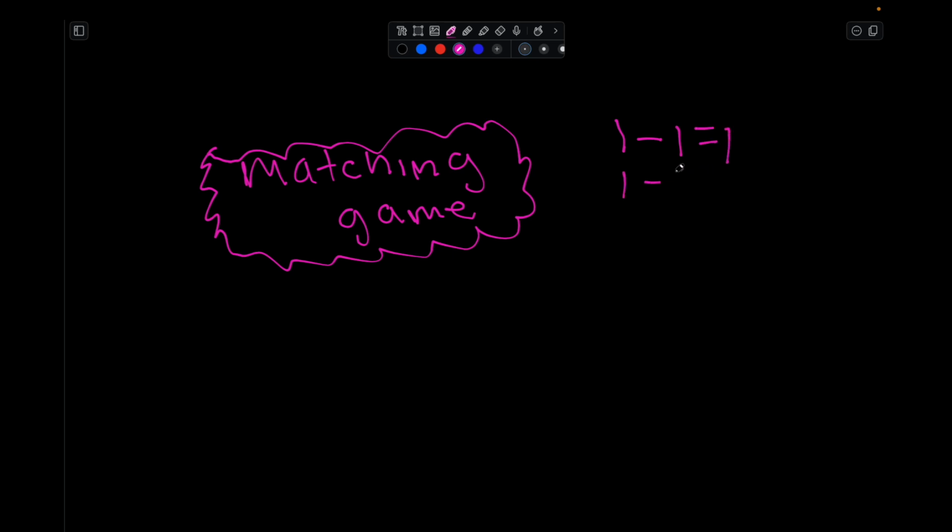If it's a 1 and a 0, it's going to equal a 0. If we have a 0 and a 1, it's a 0, sorry. If we have a 0 and a 0, it's going to be 0. So basically, it's only on if it's a 1 and a 1. The rest of them are going to be off.